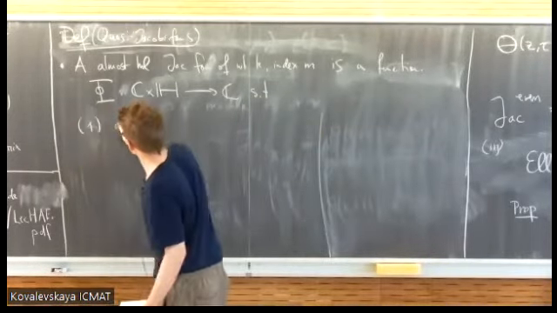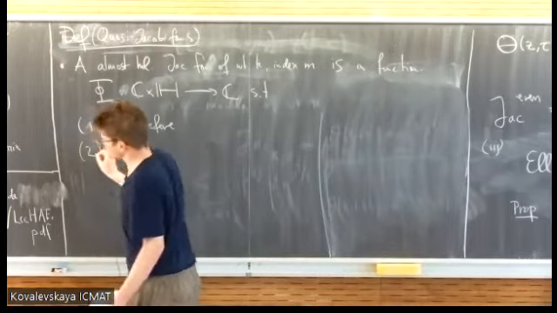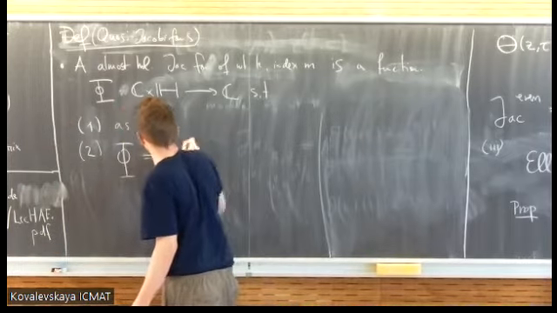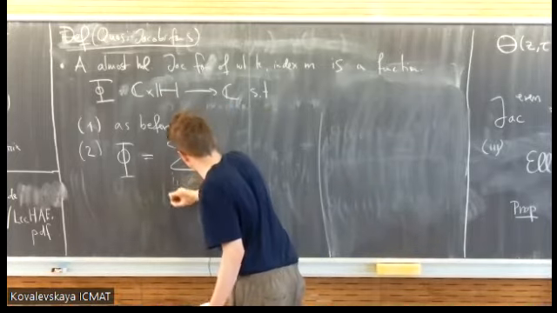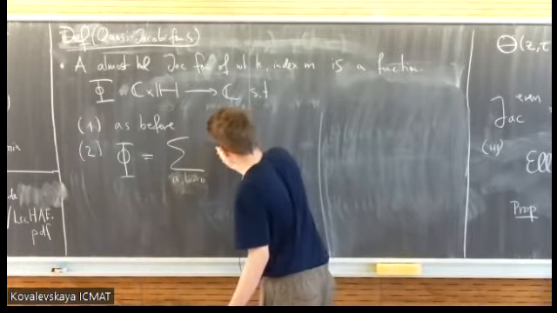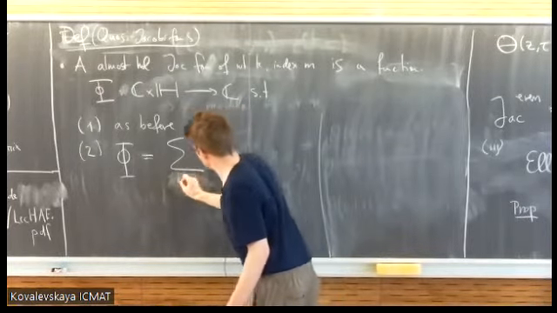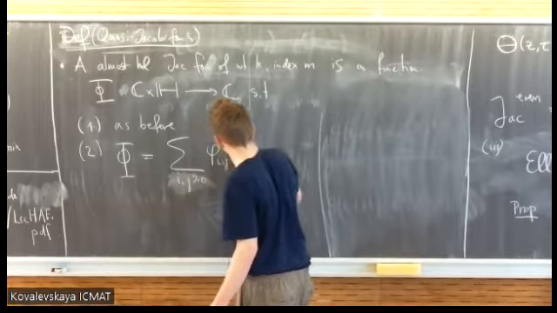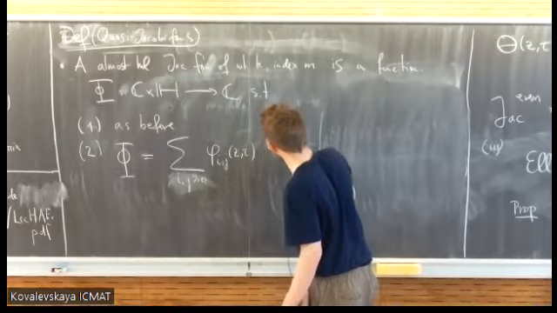One is as before, the same transformation property, but you weaken the regularity assumption, and the way you read it is you say it's a sum of functions phi_ij times nu to the i, alpha to the j.